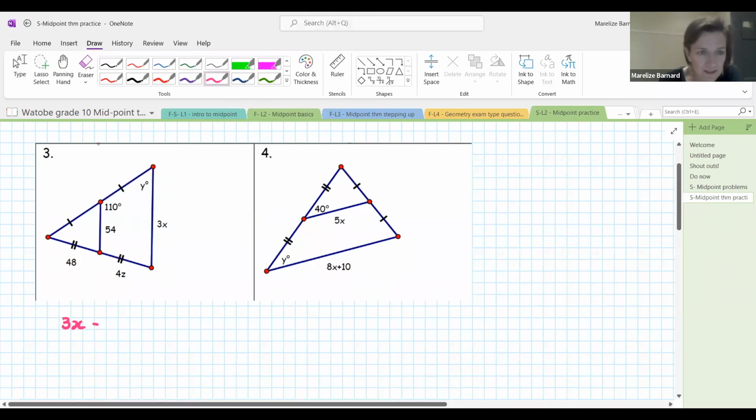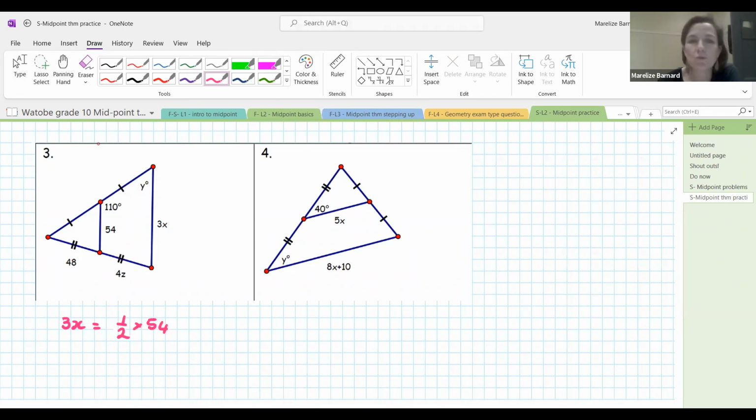Then I said 3x is equal to 27, and I divided both sides by 3. Beautiful. And I got 9. That is exactly it. Okay, because 3x, hold on. Wait. 3x, no, this side is twice this side.